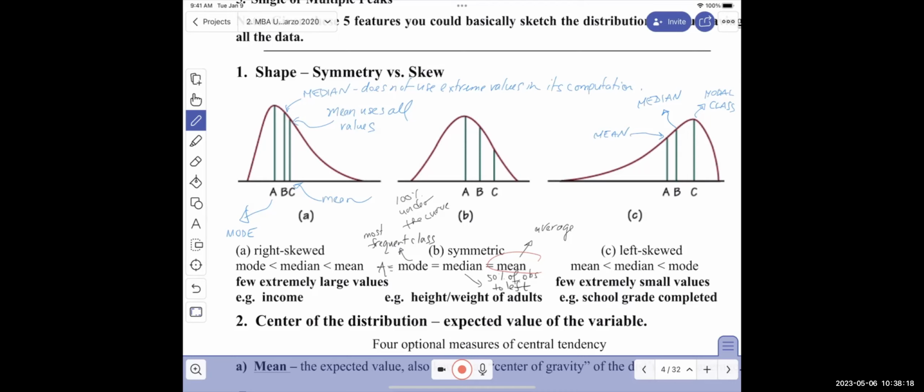Okay, so remember the mean uses all values, and it's the physical center of gravity for that distribution. As a consequence, it needs to be higher than the mode or the median.